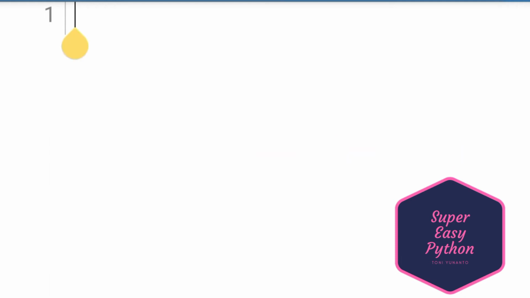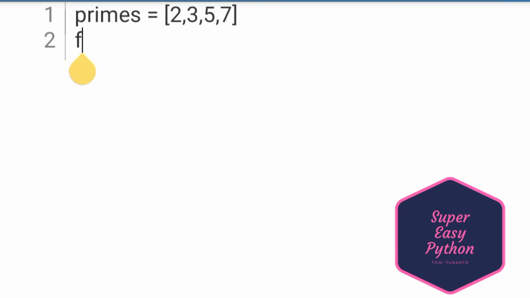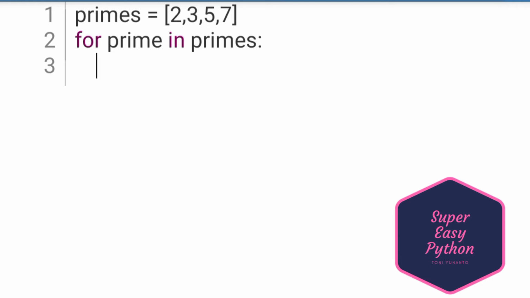For example, like this. We type primes equals to, and then square bracket, and then we type in here 2, 3, and then 5, and then 7, and then next we type in here for prime in primes, and then don't forget the colon, print, and then bracket prime.